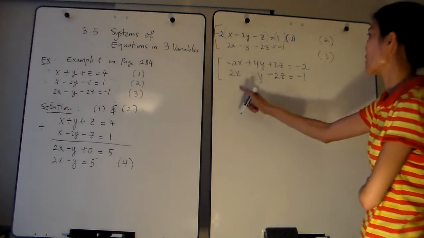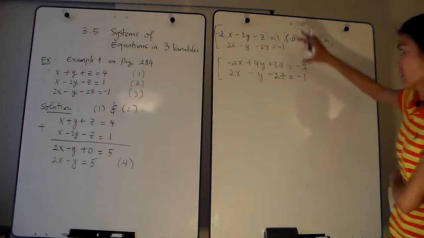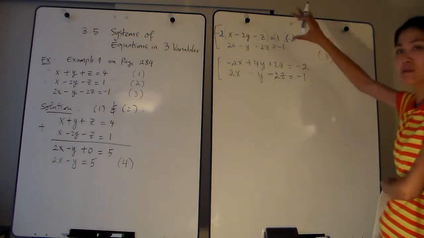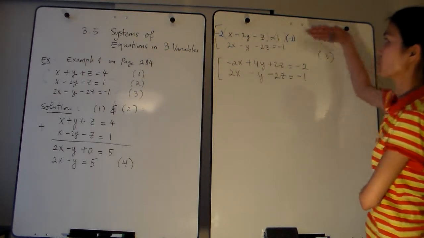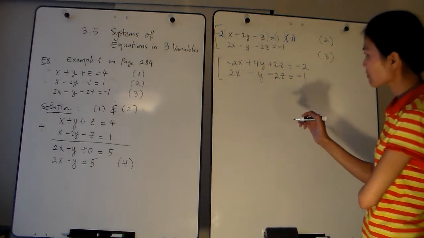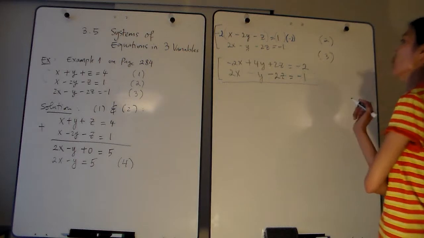This is called a system of two equations with three variables. It's the same system. I just multiplied negative 2 to the first row. Now we'll see if we can eliminate the variable z.